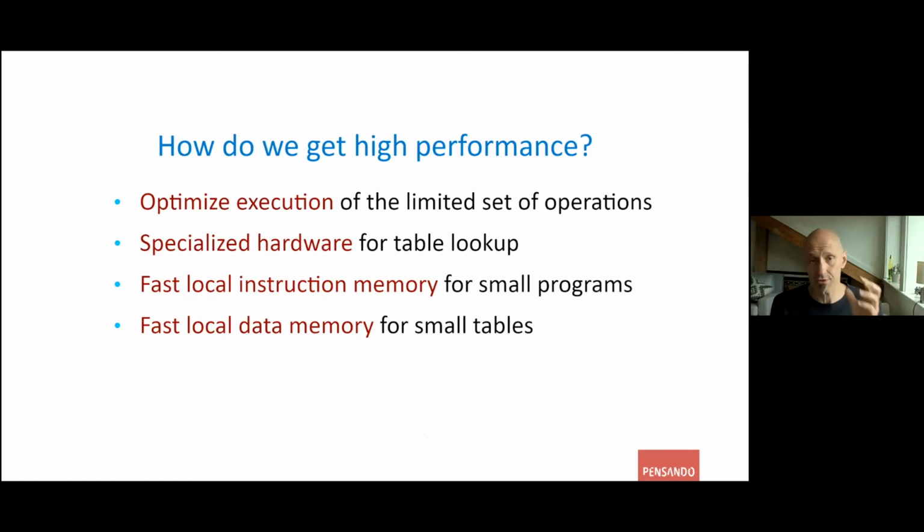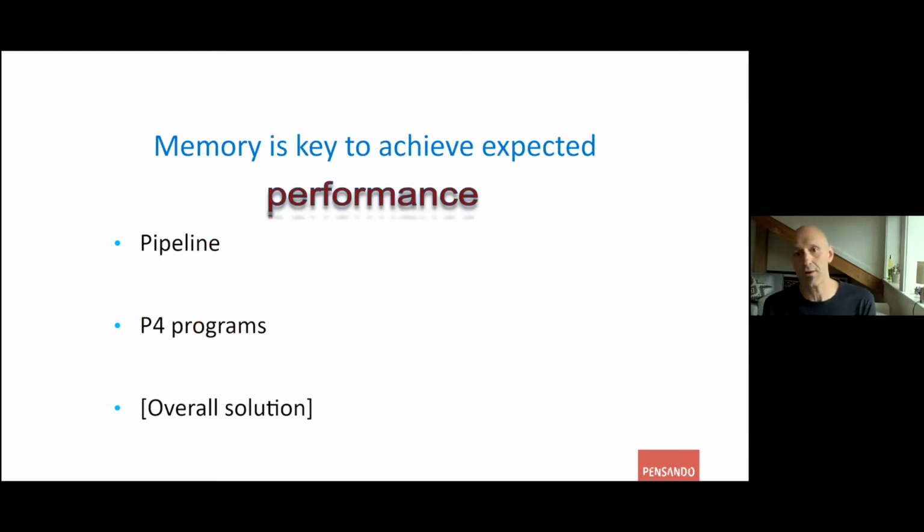And since we are executing small programs in each stage, we could have a fast memory local to the stage for instructions. And if the tables we use are small, we could use a fast local memory also for storing those tables. All of this will enable us to achieve high performance. We can see that memory plays a key role in achieving the expected performance, in general the performance of the pipeline, and this will be reflected in the performance of our P4 programs.